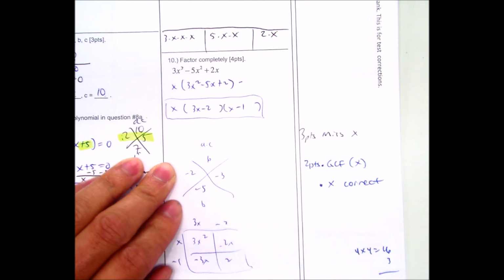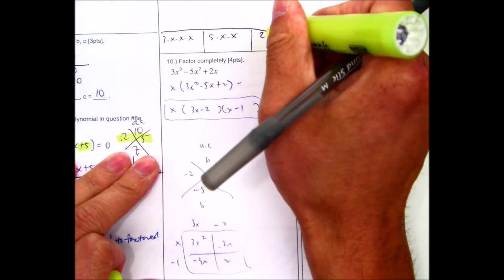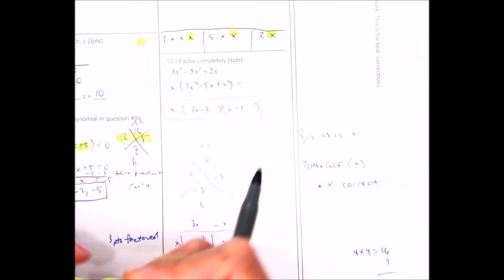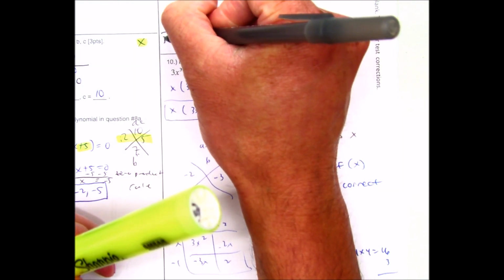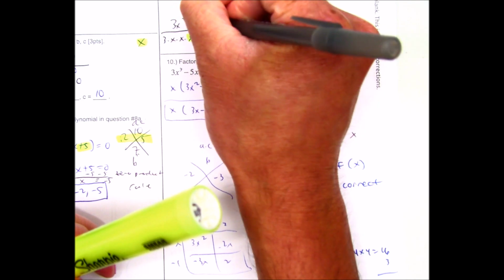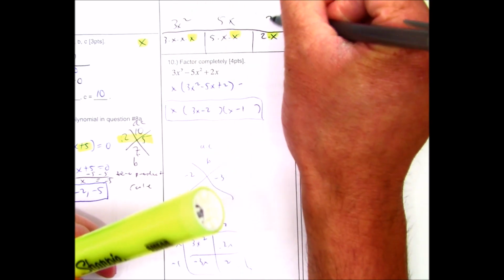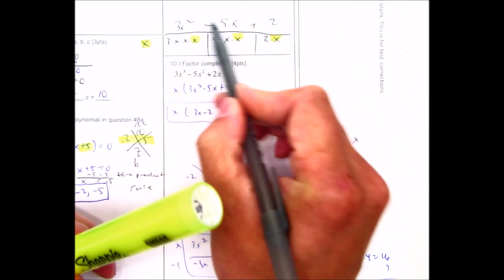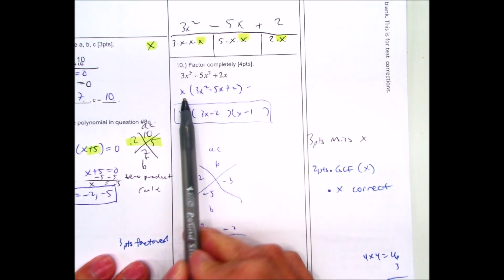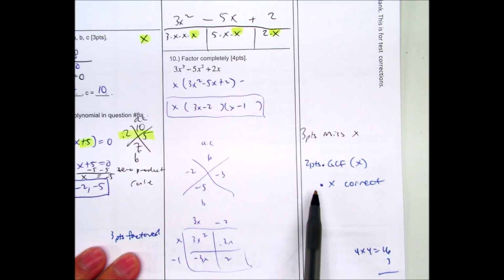You'll notice that what they have in common is an x. So your GCF there is an x. And what you didn't highlight, 3x squared, 5x, and 2, and then put back the math operations. So I have x times all of that, which is right here. If you got that far, I gave you 2 points.